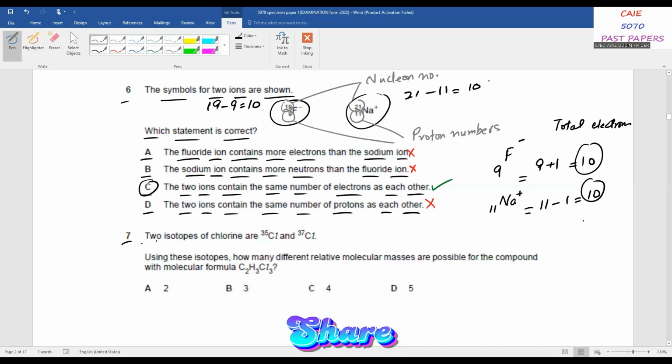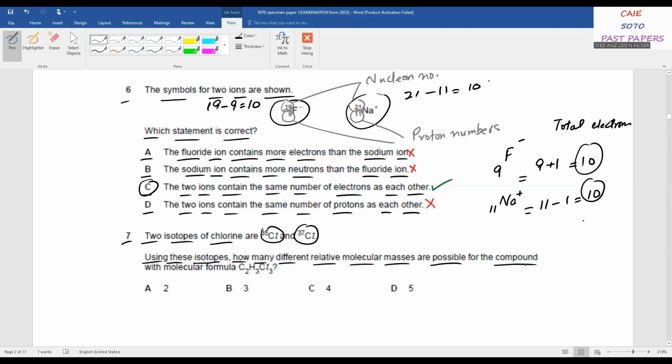Number 7. Two isotopes of chlorine are Cl35 and Cl37. Using these isotopes, how many different relative molecular masses are possible for the compound with molecular formula C2H3Cl3? Now two isotopes are given.